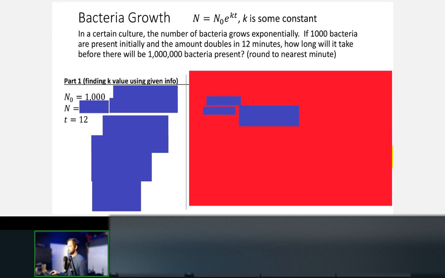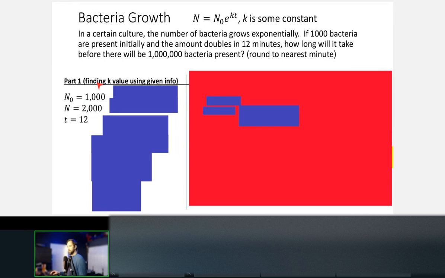Look at the wording they use. It says the amount doubles in 12 minutes. So in 12 minutes we have double the amount. So double 1,000, you get 2,000.